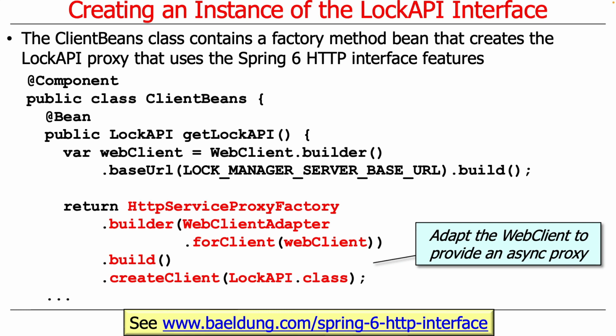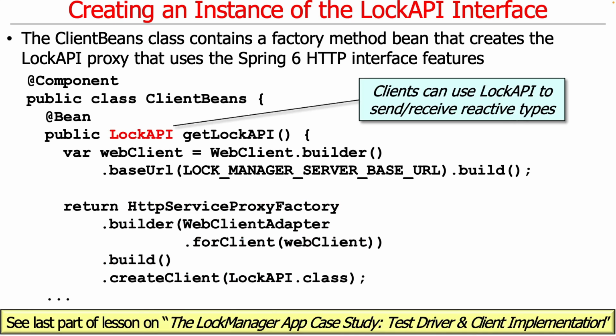So we just looked at LockAPI, which is this interface we saw that defines the actual signatures of the proxy methods that we want to be automatically generated. And this call here, create client, when given this class, will manufacture an instance of LockAPI, and that LockAPI is then passed back over to the client that's going to need it.